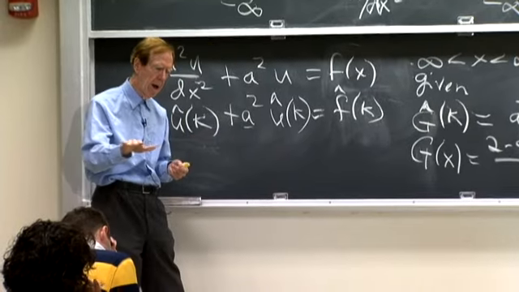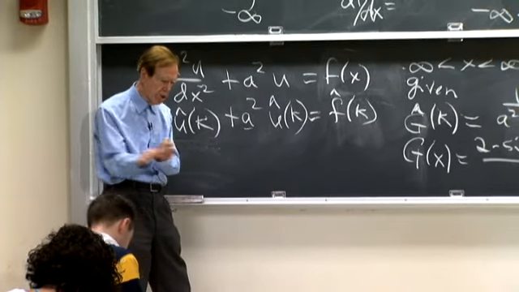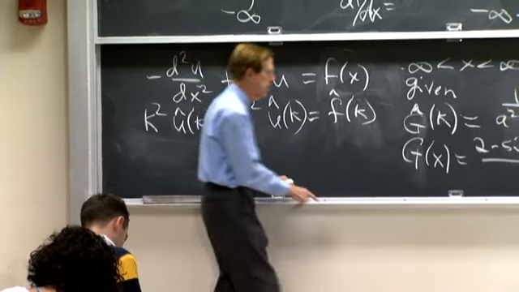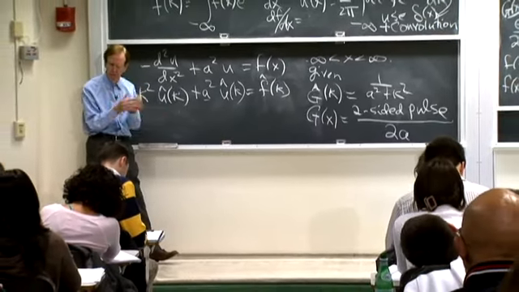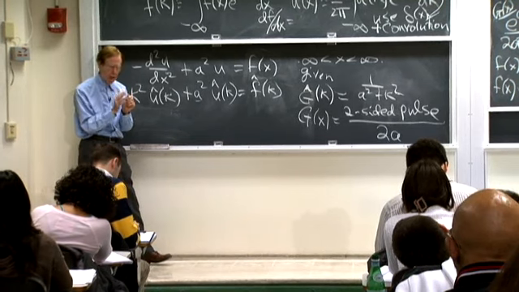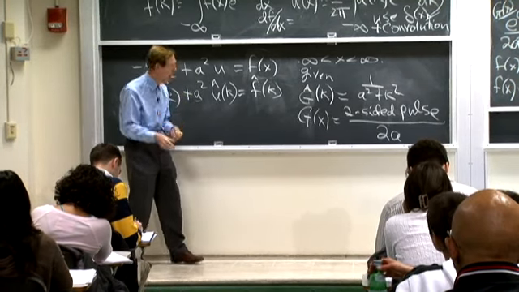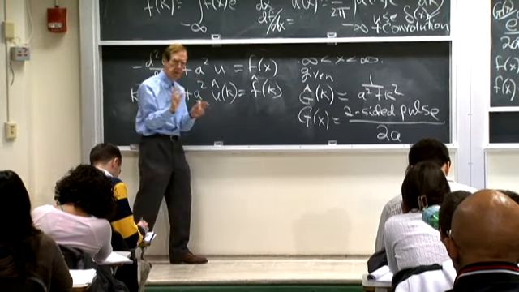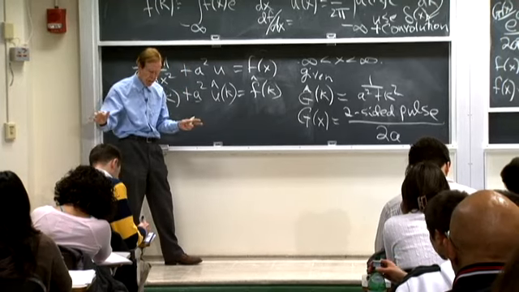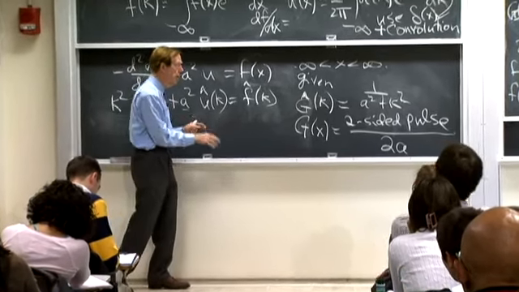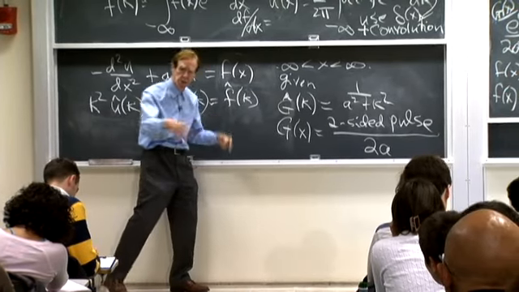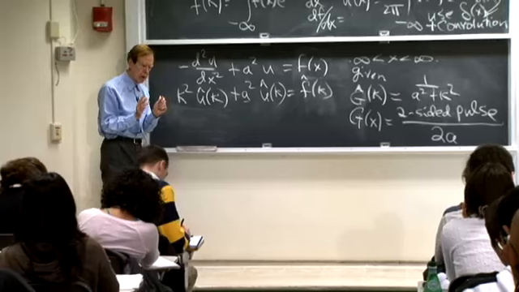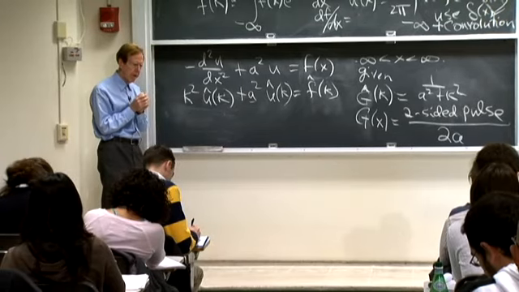I want to combine delta of x and its shifts. So I'm going to be using g of x and its shifts, right? Let me say this again. I'm thinking of f of x as a combination of delta and its shifts, and then the solution u will be the same combination of g of x and its shifts. So now you just have to tell me what combination.